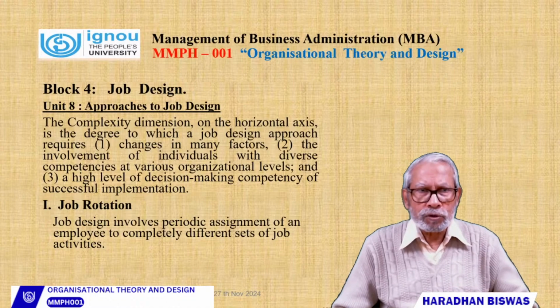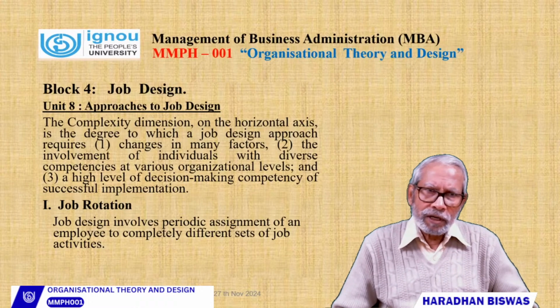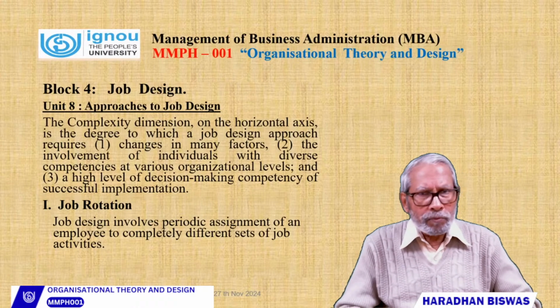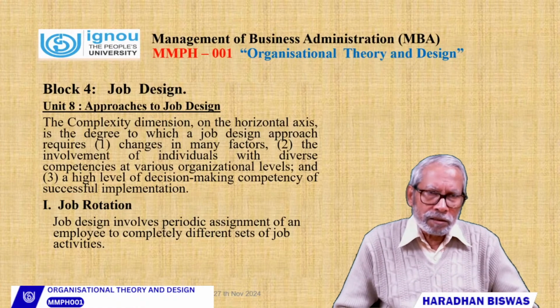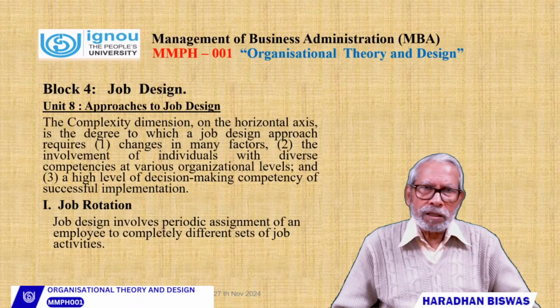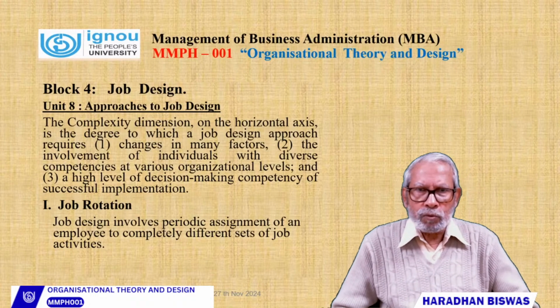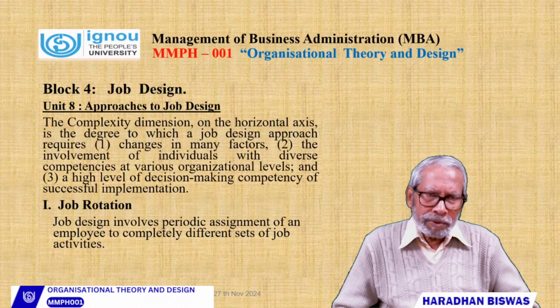In this approach, when it is on the horizontal axis, it means different loading, different competency is required, maybe parallel work is there. So some of the factors are changing, and the involvement of the individual is also more because diverse competencies are required.